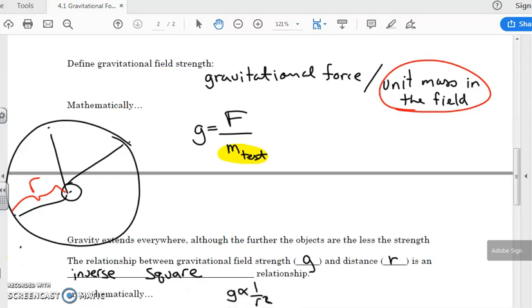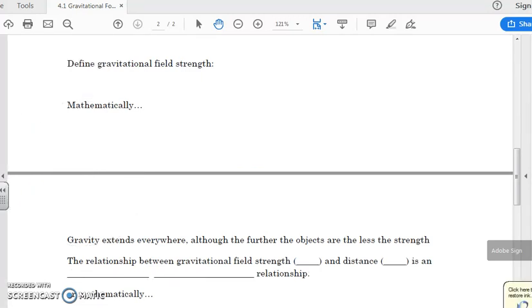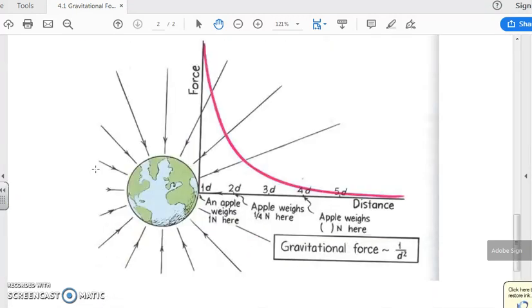If I triple the distance, I have 1/9 the gravitational field strength. We can see this here: on the surface of the Earth, we've got a specific gravitational force, and when we get to twice the distance, we're 1/4 of that. When we get to three times, we're now 1/9. 1/4 will be 1/16, and so on.